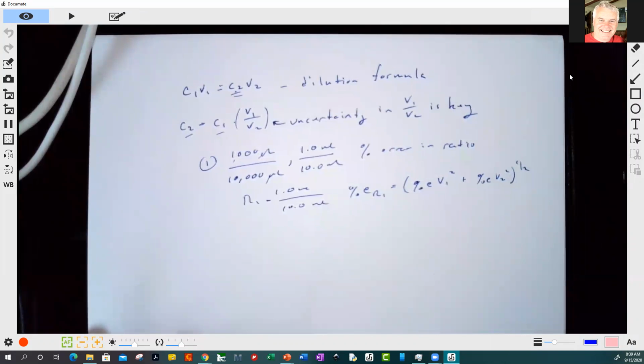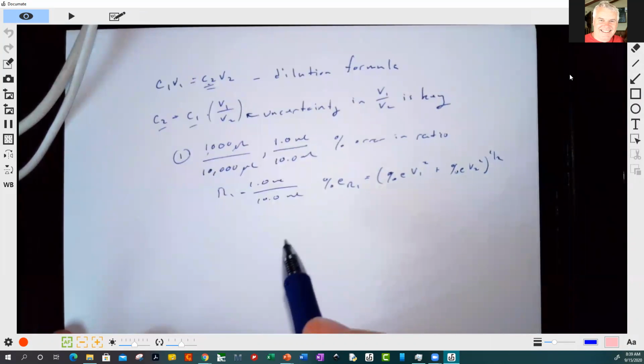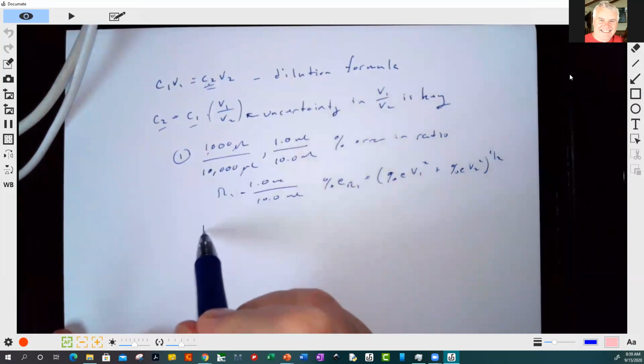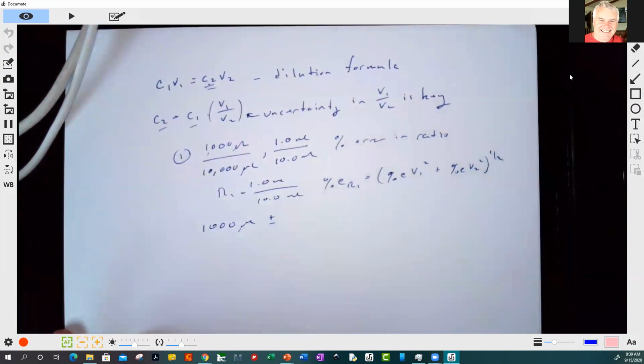Right? So in the 1,000 microliters, we have a plus or minus value of 0.6%.